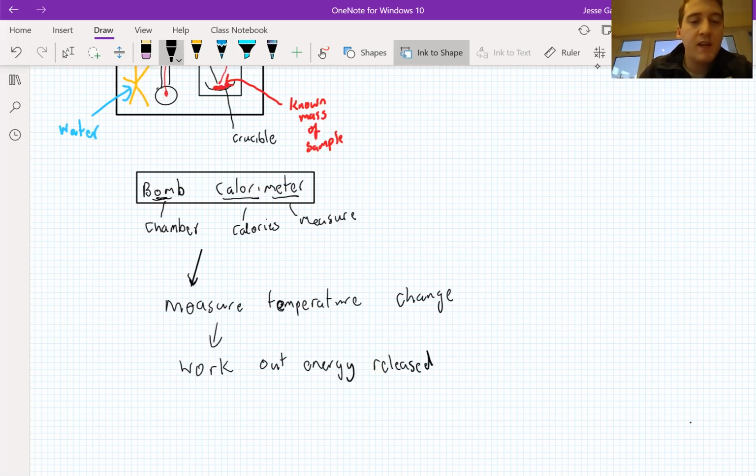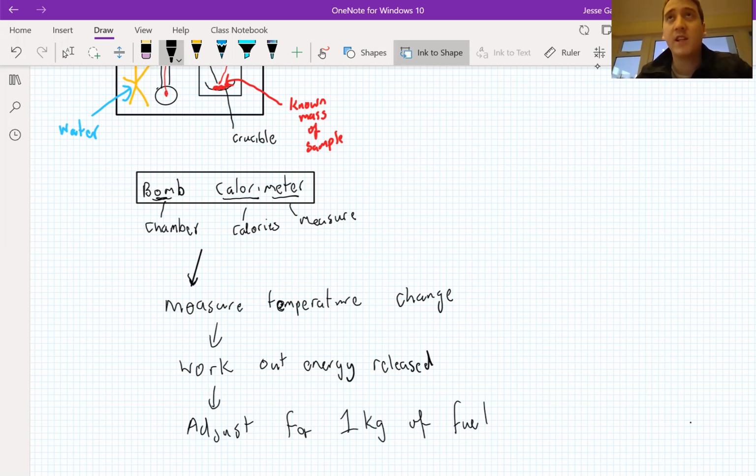What scientists often then do is they adjust the readings, adjust for 1 kilogram of the fuel. Now, the reason why they do this is so that it's very easy for a fair comparison between fuels. If you didn't do this, some scientists might use 100 grams of propane, okay?